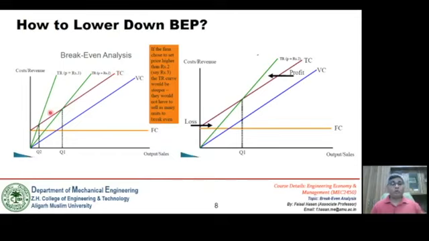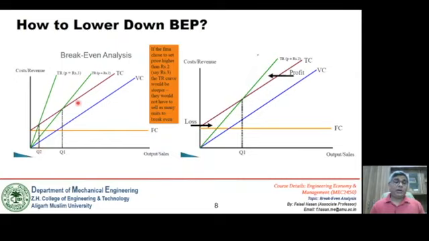So there are two conditions. One is that we increase the selling price per unit, and in that way we can achieve the break-even point much more quickly, but of course that will affect the demand adversely, because we have seen that there is a relationship between price and demand.